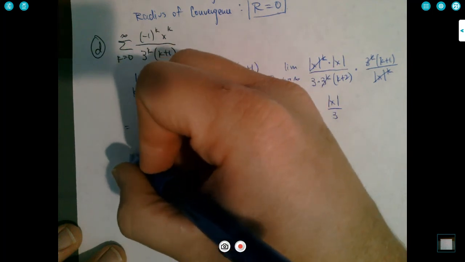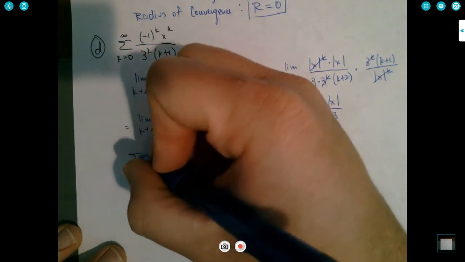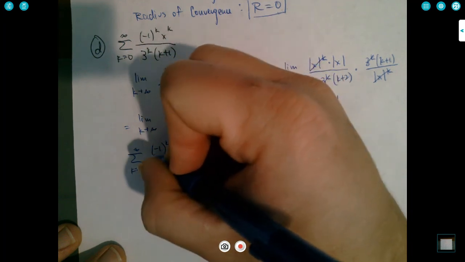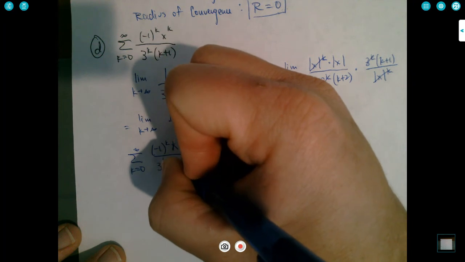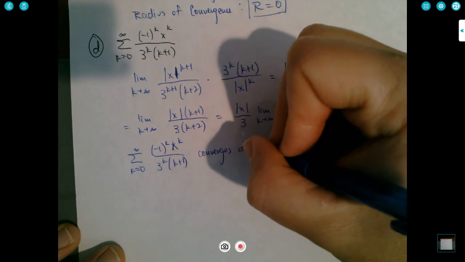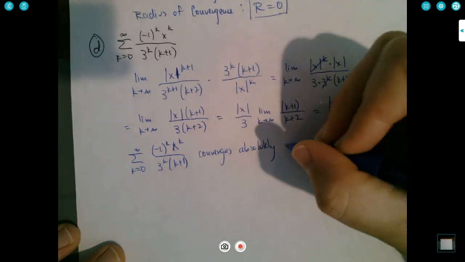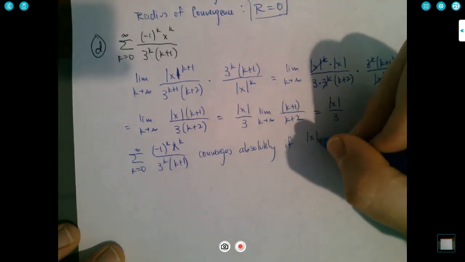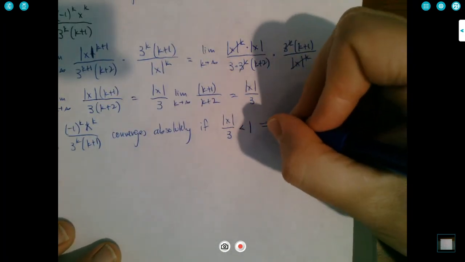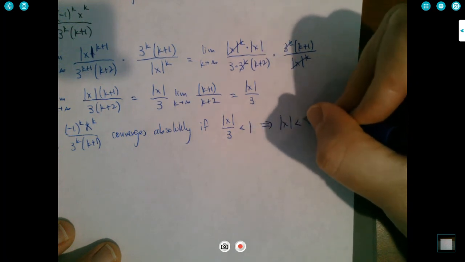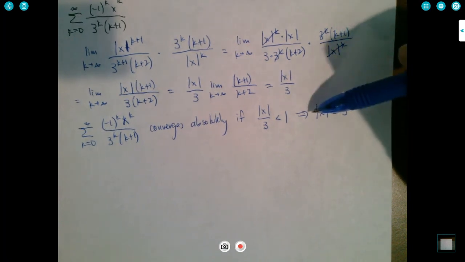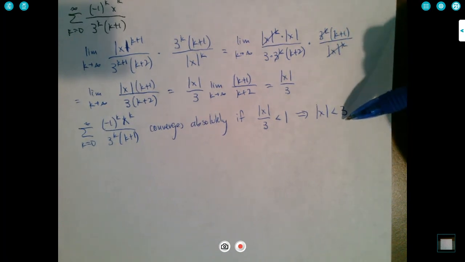So we'll say the sum of x to the k over 3 to the k times k plus 1 converges absolutely if the absolute value of x over 3 is less than 1, which implies the absolute value of x is less than 3. Right? So our interval of convergence would be -3 to +3, and our radius of convergence would be 3.